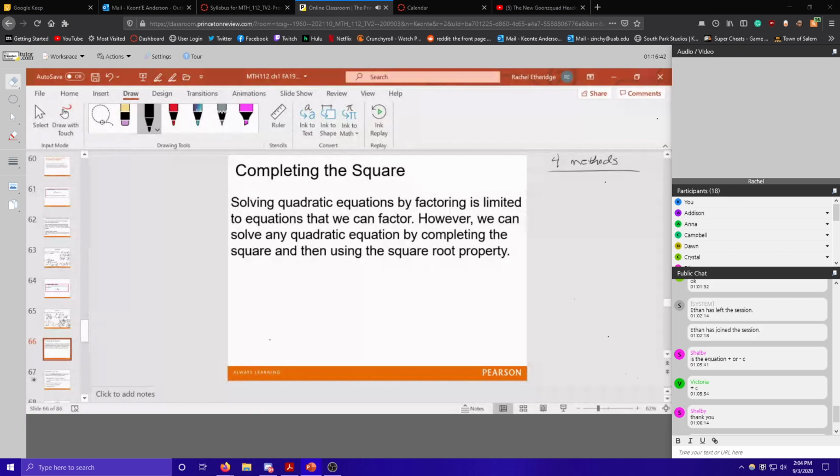It's only going to take me a little while. So if I need to, I'll move the due date for 1.7 to be due with 1.8, because I'm not going to try to rush through this. If I only get through completing the square today, we'll do the quadratic formula on Tuesday, and I'll just move your due date because 1.8 is kind of short.